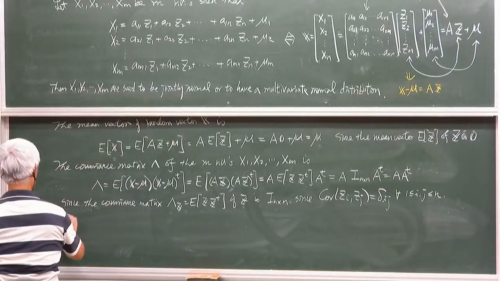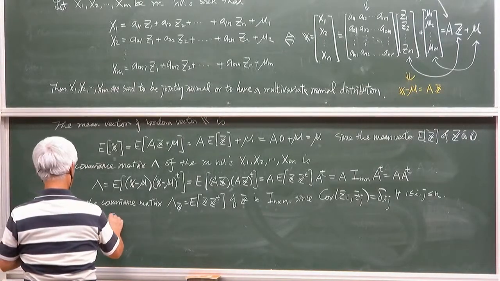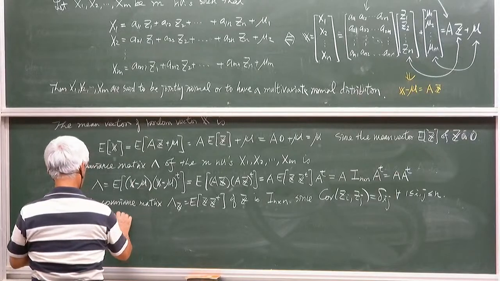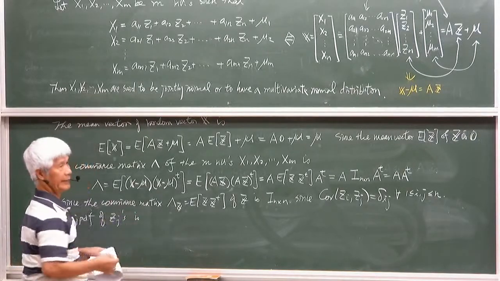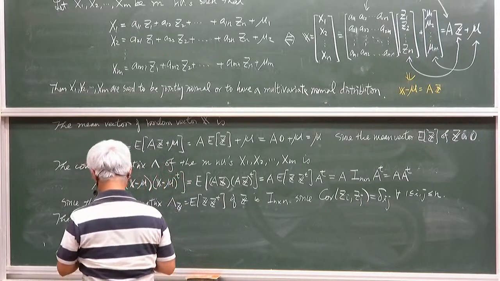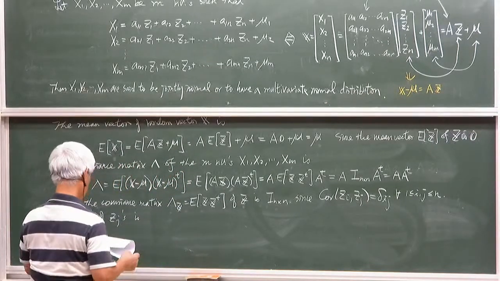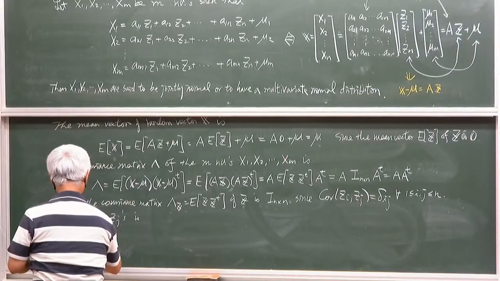Now, the joint PDF of the Z_j's. Because they are independent and absolutely continuous random variables, they have a joint PDF.